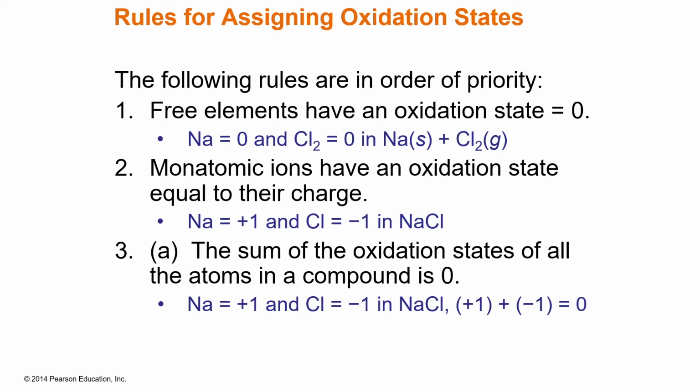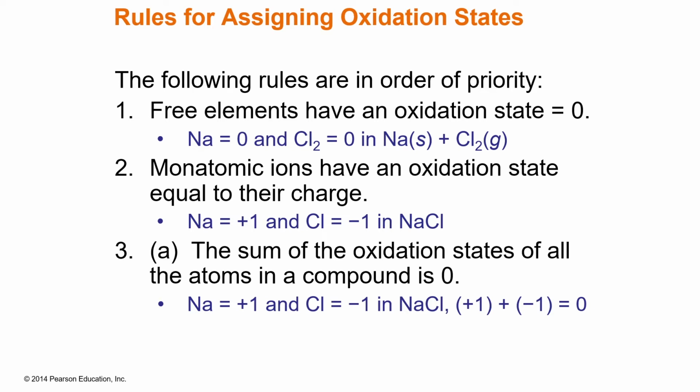So they have an oxidation state assignment of 0. Monatomic ions have an oxidation state equal to their charge. In this case, let's say the sodium ion and the chloride ion would have oxidation states respectively of +1 and -1. Notice that in this case, the oxidation state is equal to the charge on the ion.